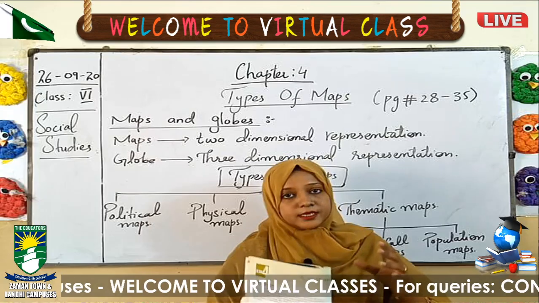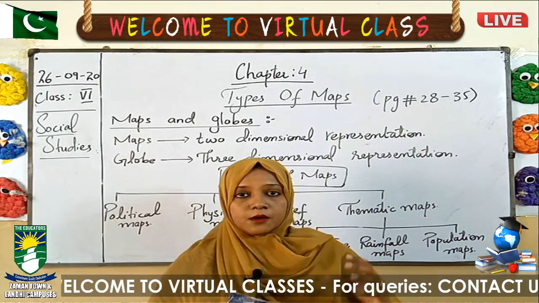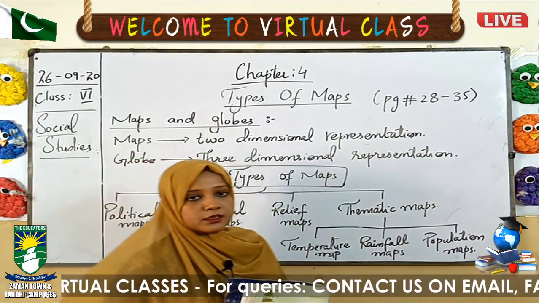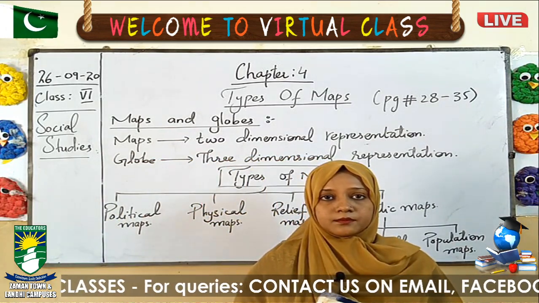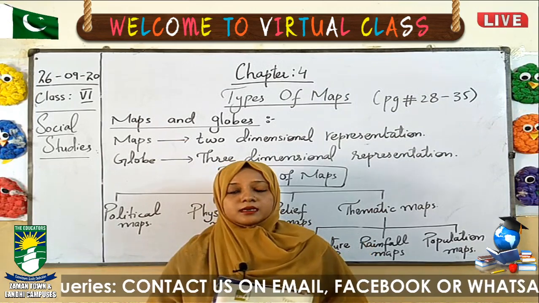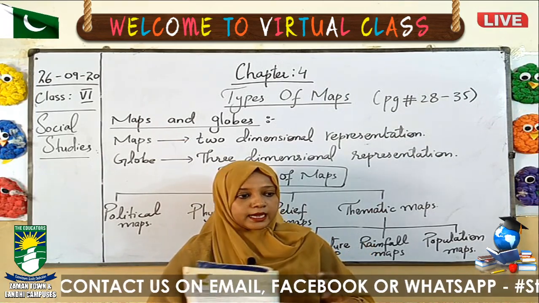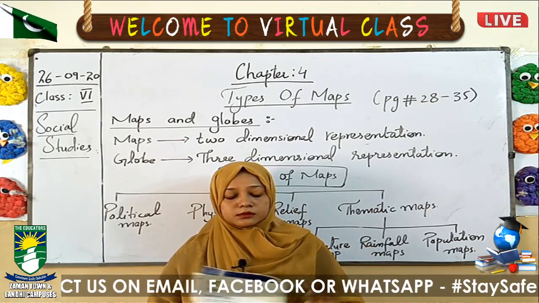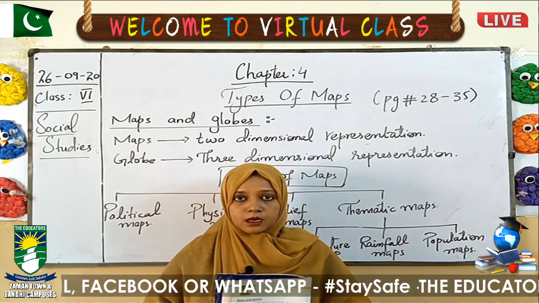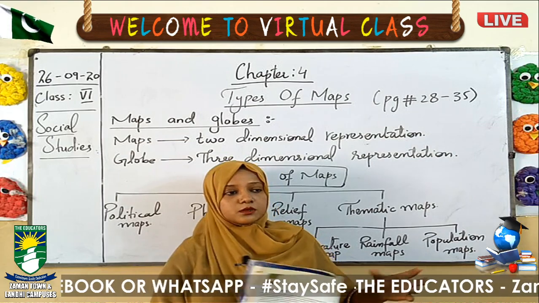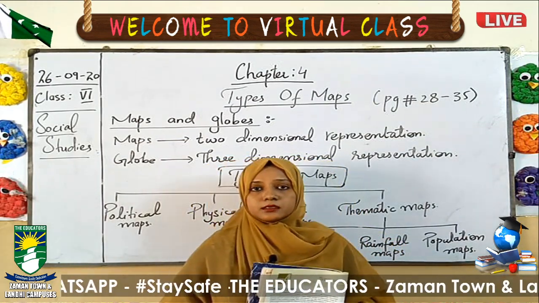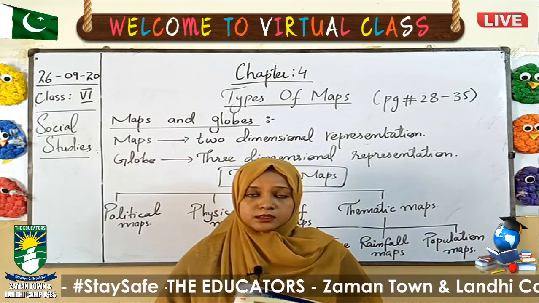Okay. Then the physical maps. What do the physical maps show? Physical maps show, obviously, the physical features, the landscapes, how the difference in the formation of the lands occurs, the different parts with different elevations, like the mountains, where the mountains are located, where the plateaus are located, where the plains are located, where the deserts are located.